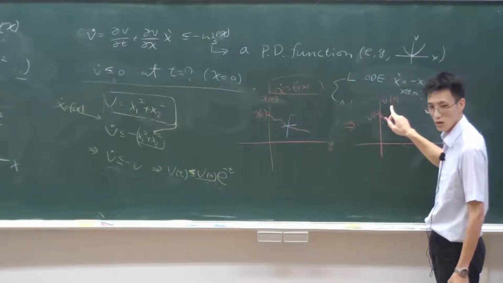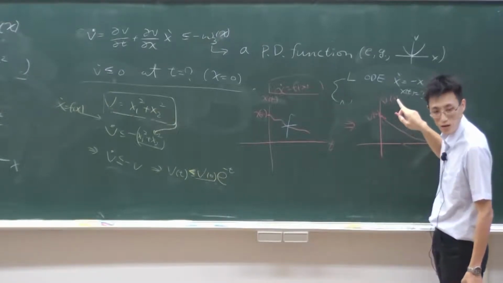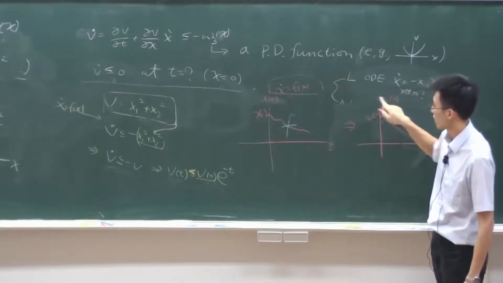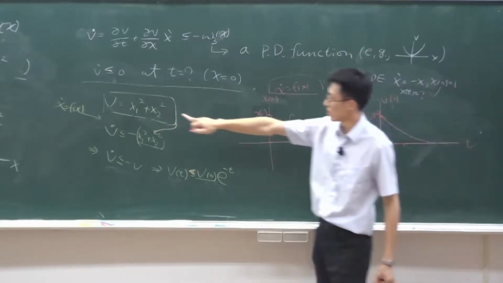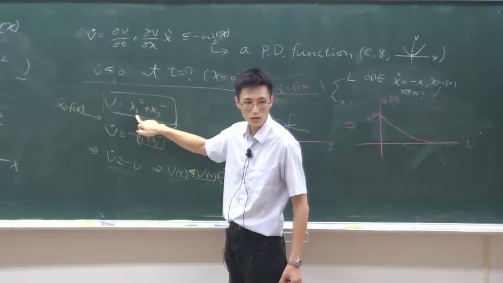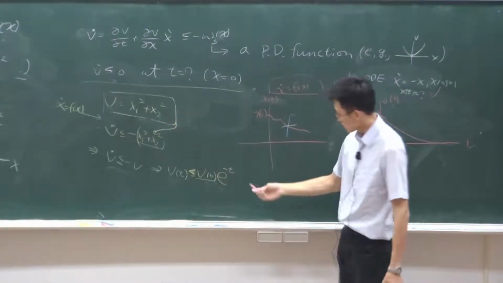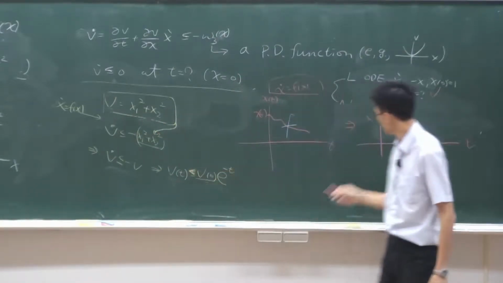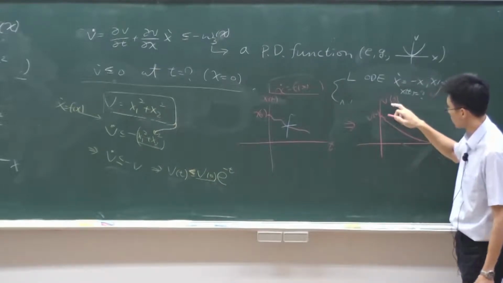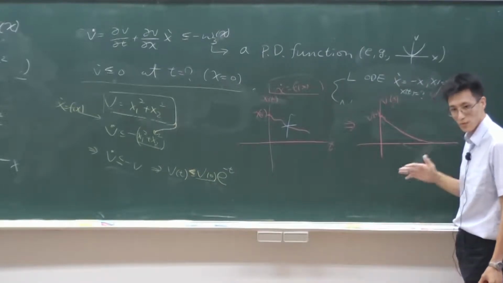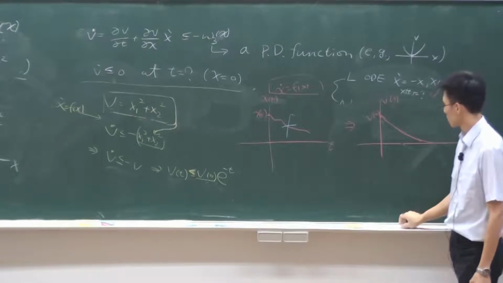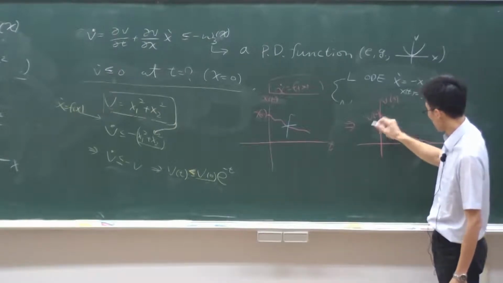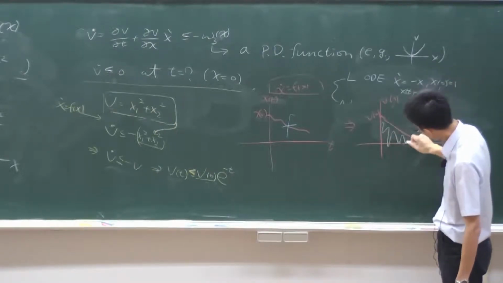And given V(t), you can find x, right? But this is the upper bound of V(t), upper bound, not equal. So your x could be somewhere in here.